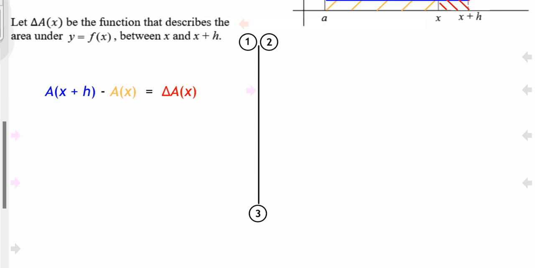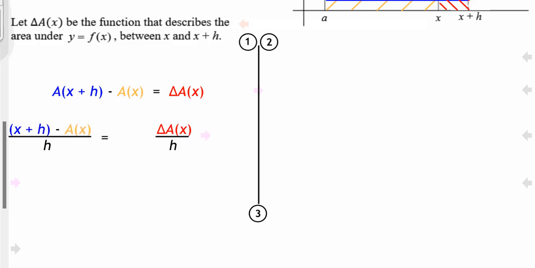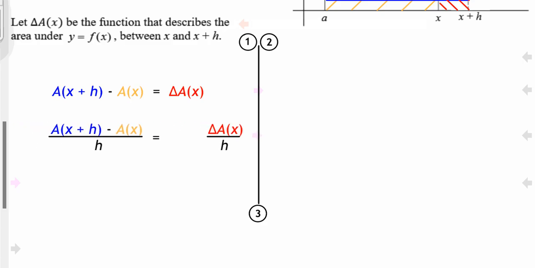So this is what we decided. If I do area of x plus h minus area of x, that's going to give me that change in area. Good. Now, suppose I divided each of these by h. Is that legal math? Seems to be legal.